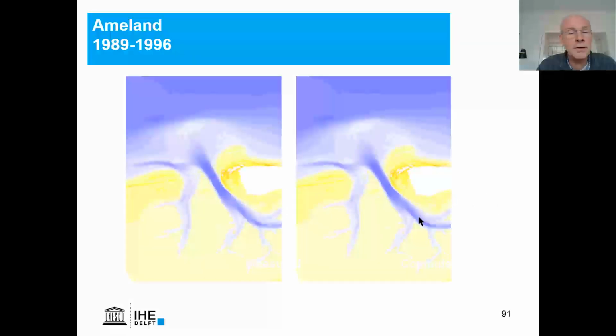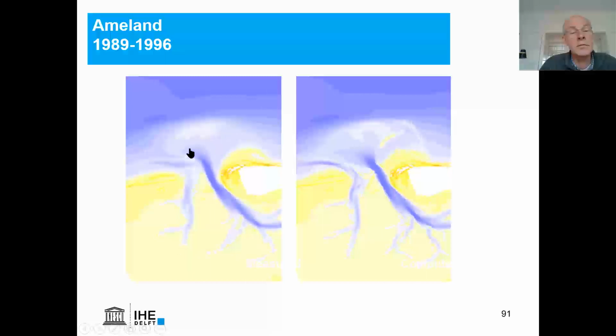Here's an example of an application of this method in one of our early attempts. What we're seeing here on the left is the measured changes. I hope you can see it.